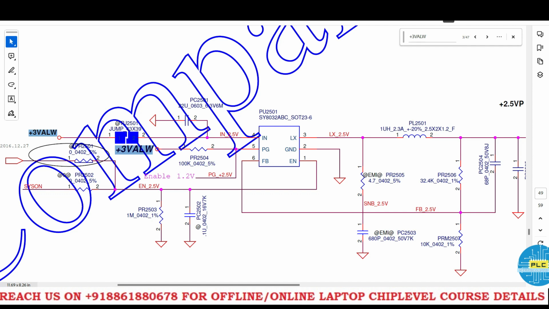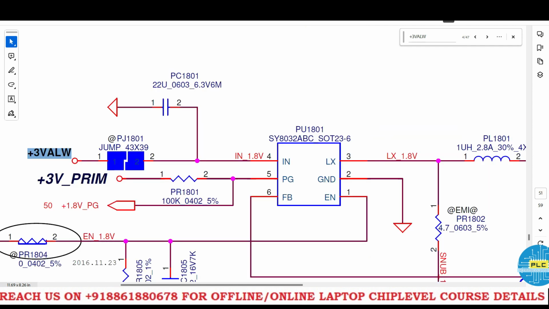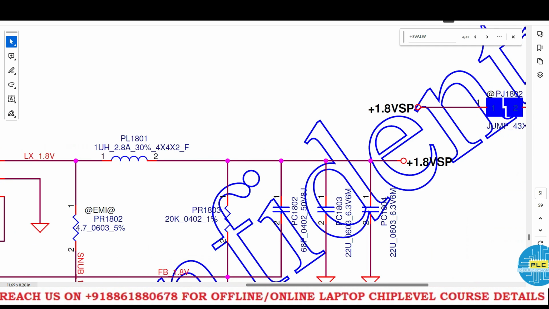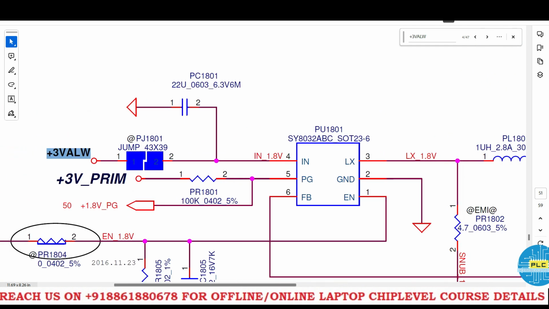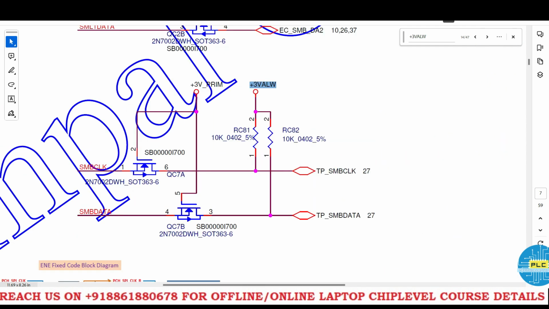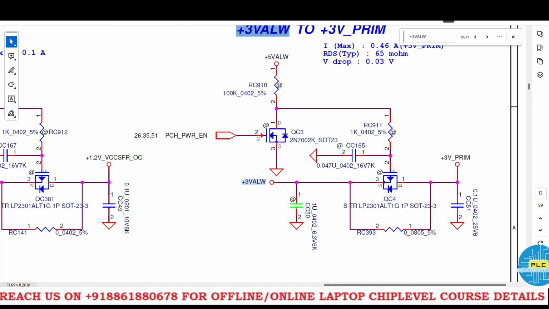Through the pull up resistor, it will carry the power good signal, PG_PLUS_2.5V. Next, it will be the input to the PU1801 IC. This is the 1.8 VSP voltage IC input. Here it is a pull up voltage for touchpad clock and touchpad data.